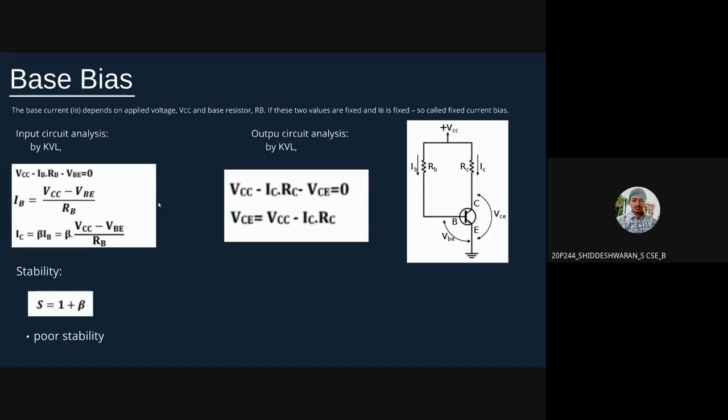By applying KVL on input and output circuits, we can arrive at the respective equations shown in the presentation. And for the stability factor, by deriving, the value will be S = 1 + beta, which is greater than 1, which means that the stability of the circuit is poor.